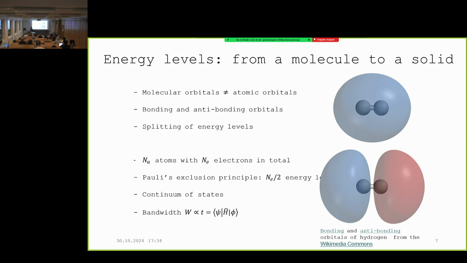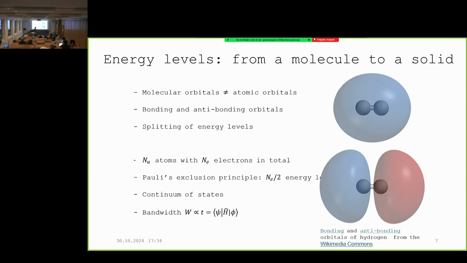First, you have to know that molecular orbitals are not the same as atomic orbitals because they're a superposition of atomic orbitals. And I have two simple diagrams here. The first one is for a bonding orbital and the second for an anti-bonding orbital, and they have different energy levels.